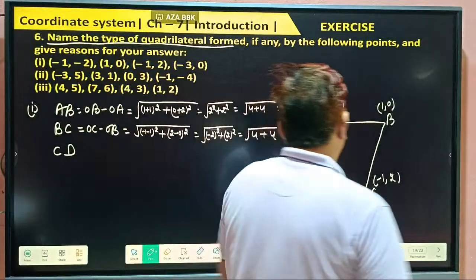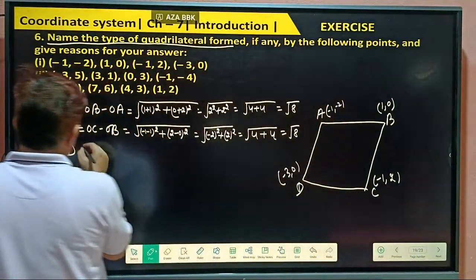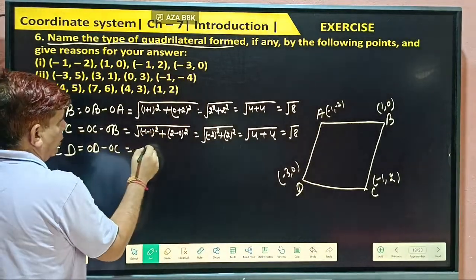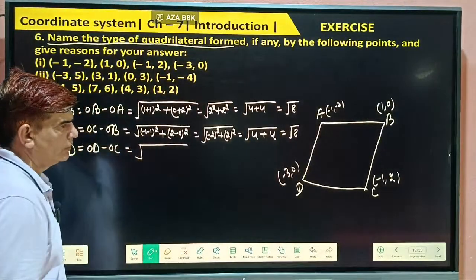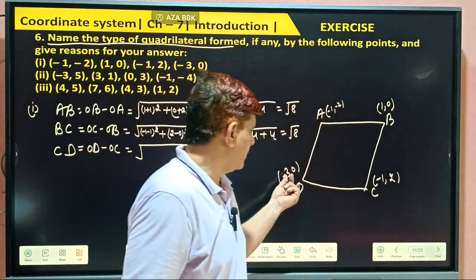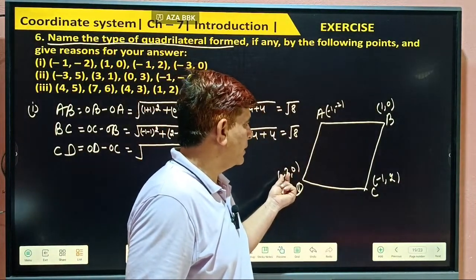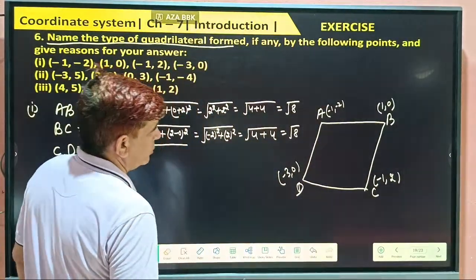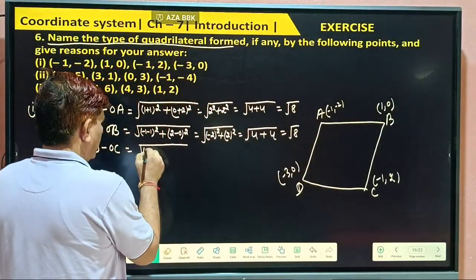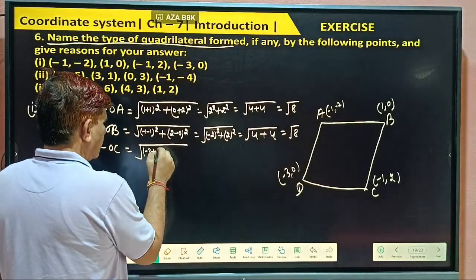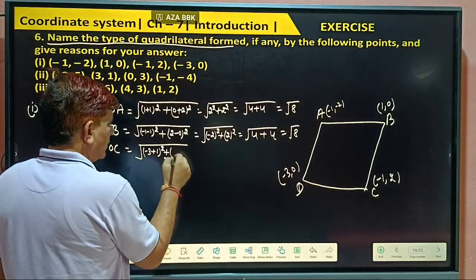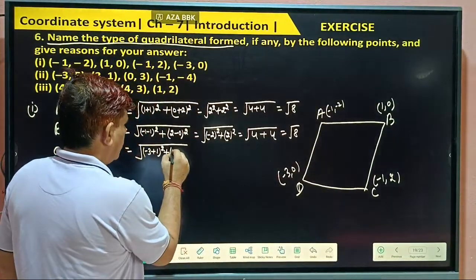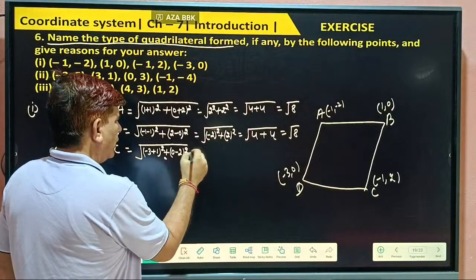Then find out CD. AB, BC, CD. CD equals OD minus OC. How can you find this? -3 minus 1, sorry, -3 minus -1 plus... (-3 plus 1) whole square plus (0 minus 2) whole square. Got it or not?